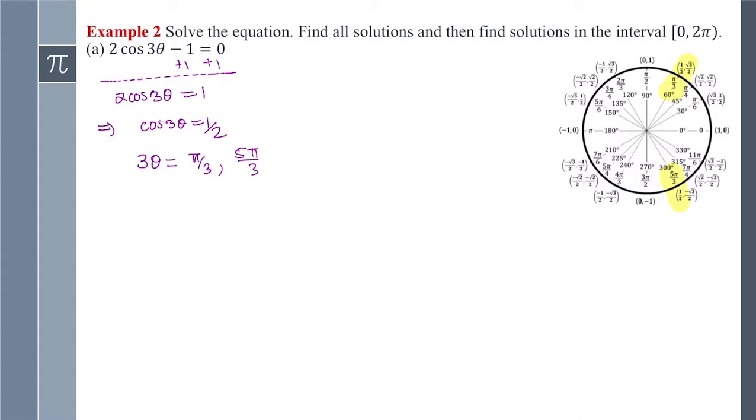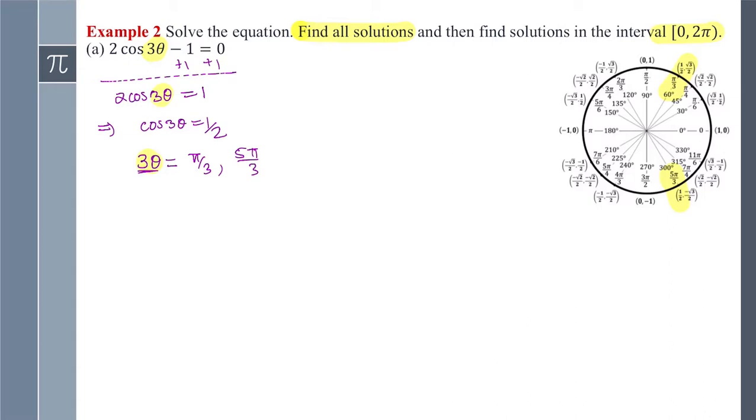Usually when we have multiple angles, what is very easy to do is first find all solutions and then find the solutions in the given interval. That way it's very easy to find those values. So let's write all solutions for 3 theta.